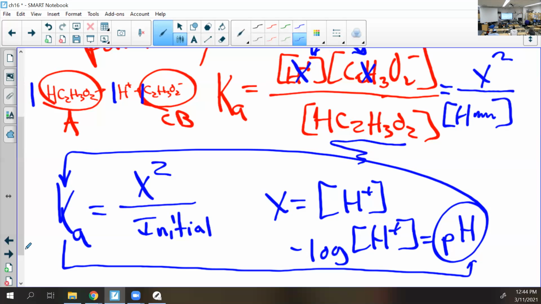We'll do a ton with them. Strong acids, we almost do nothing with, because their H plus is equal to whatever you started with. They're completely ionizing. All right, let me do this for a student real quick. Don't go too crazy. Hold on.